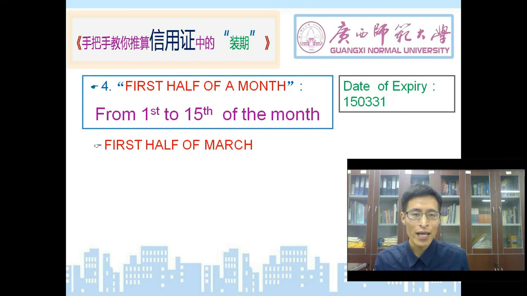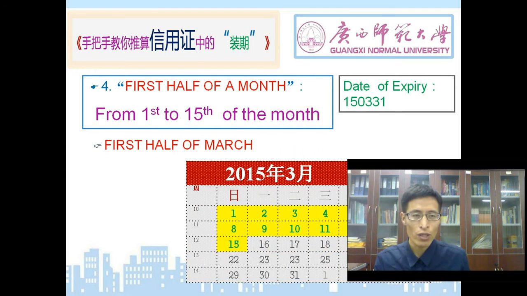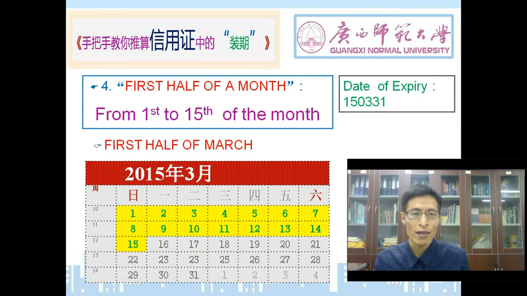And in the calendar, also here we suppose the date of expiry is 15/03/31, and then first half of March refers to March the 1st to March 15th of 2015.